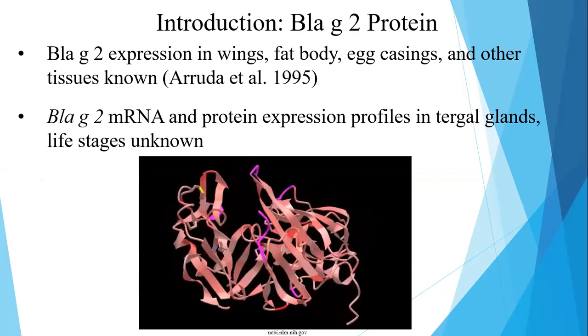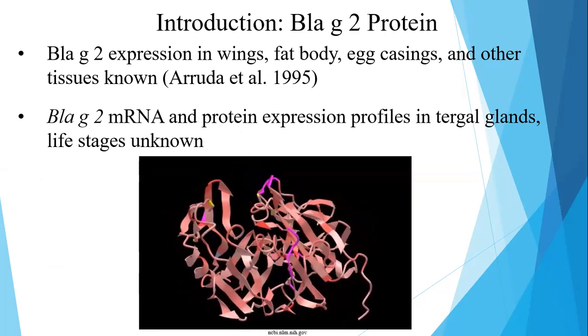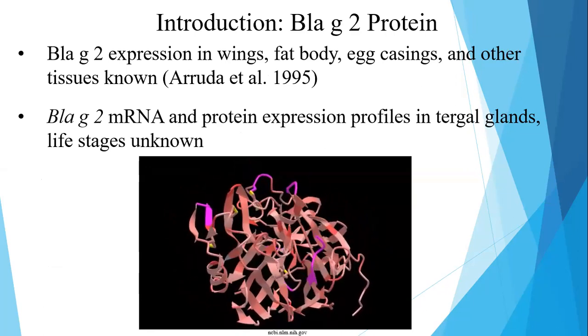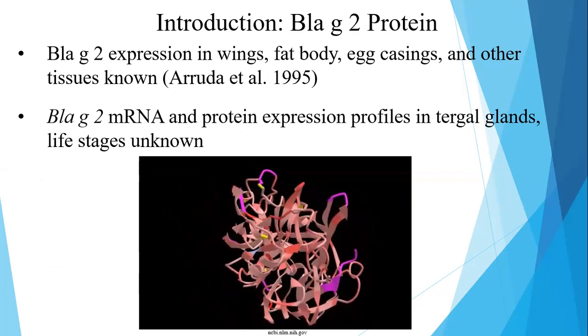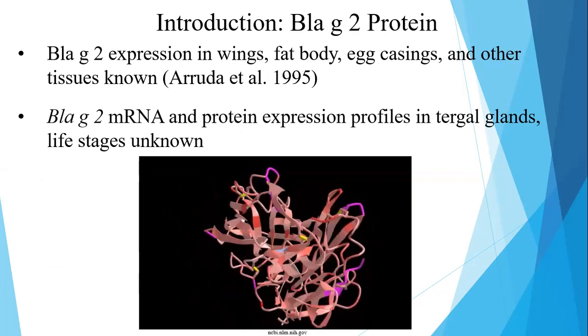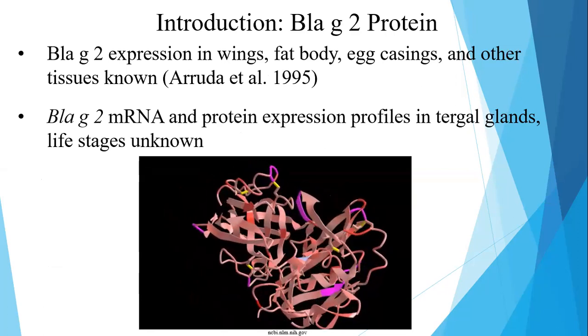Before this manuscript, not all of the tissues were really examined. So this paper helps to elucidate the BLAGI2 protein content in tissues that haven't been analyzed. And also BLAGI2 mRNA and protein expression profiles in the tergal glands were unknown before our analysis. Our paper serves to delve into that.